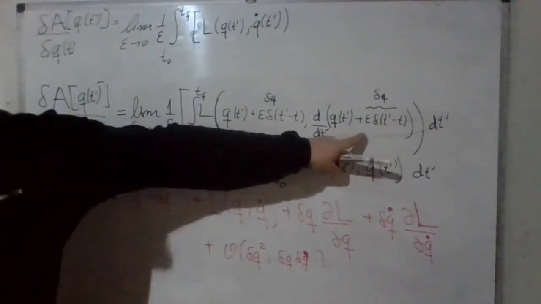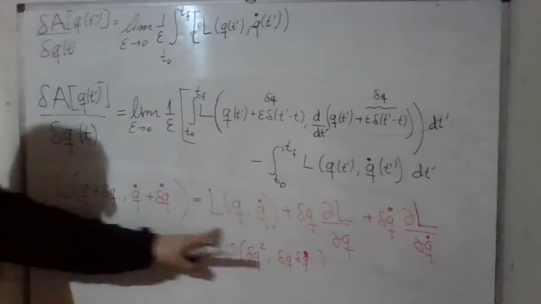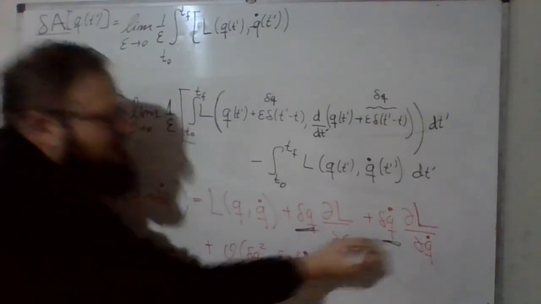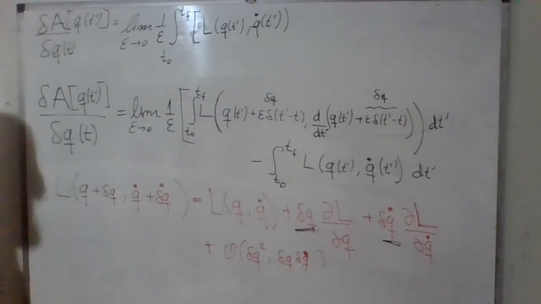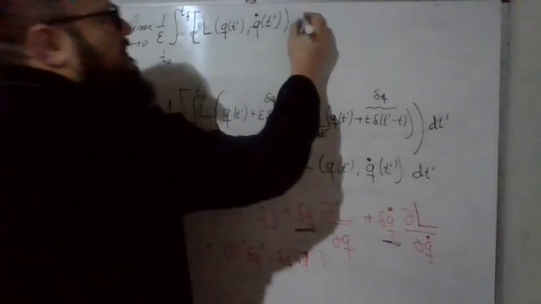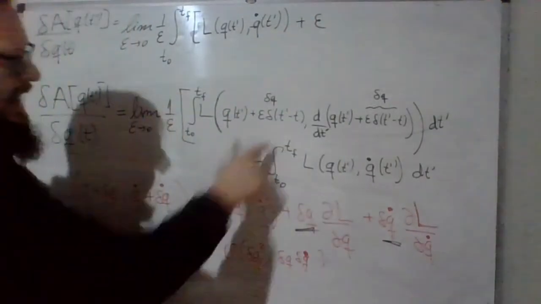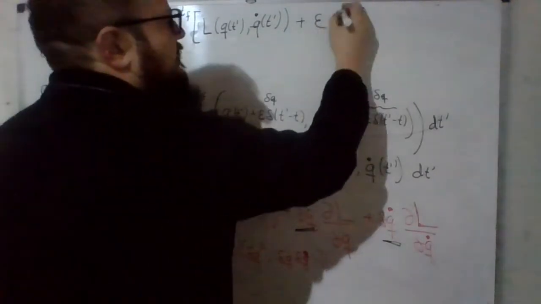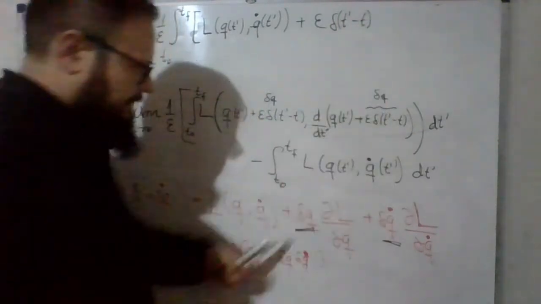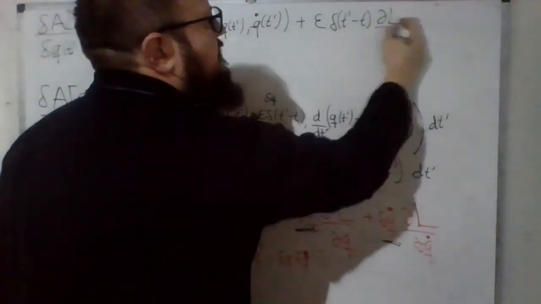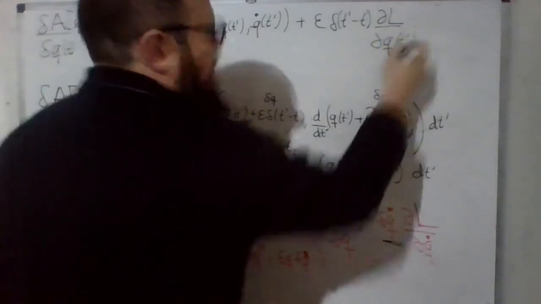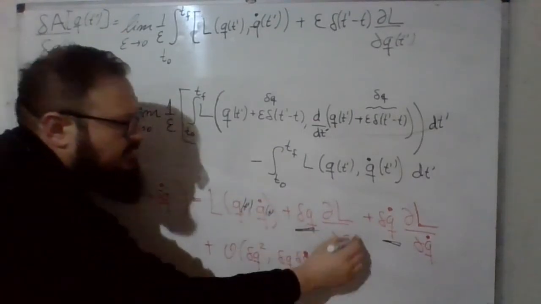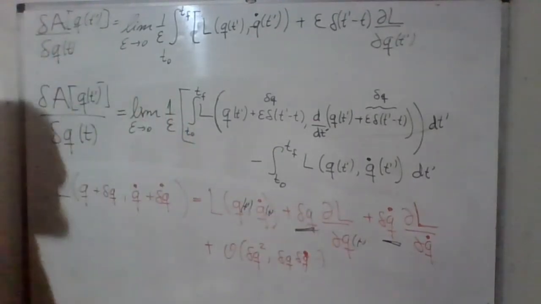I am expanding this around the value of the function at Q and Q dot with small contributions from the variations. Okay, so we have this factor plus delta Q, which is epsilon times the Dirac delta of t prime minus t, and the derivative of the Lagrangian is evaluated with respect to t prime, of course, because these are evaluated at t prime. Okay, so this is it.